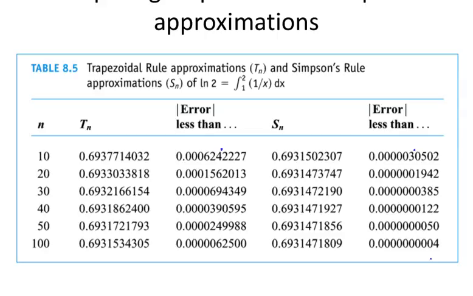That's 15,000 times as accurate as the trapezoid rule. And the difference is just making 10 to 100 iterations, which is nothing for a computer. You can do this in an Excel spreadsheet, and you would have a very accurate integral just using Excel. It's pretty amazing. It's very, very accurate.